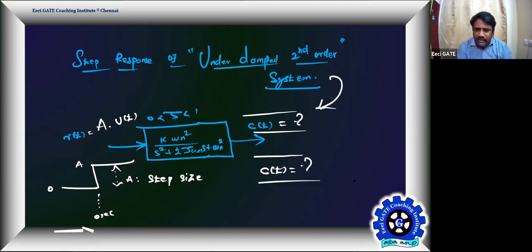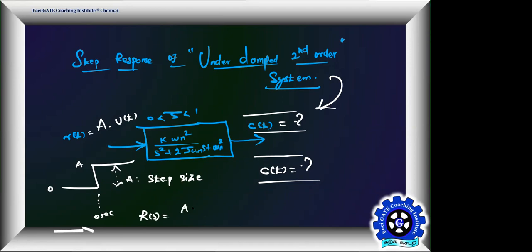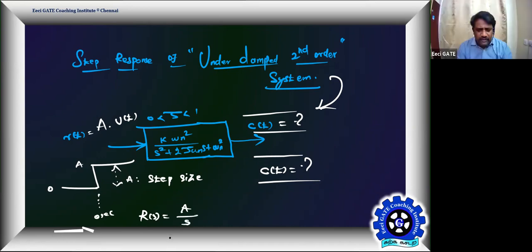Whatever identities we have gone through will be helping us. Once again, what is R of s? Well known. Already we have used it in first order. A by? Yes, correct. Laplace of u of t is 1 by s. So R of s is a by s. The goal is to get C of t, so first get C of s. C of s is equal to R of s into your transfer function. R of s is known, T of s is known.